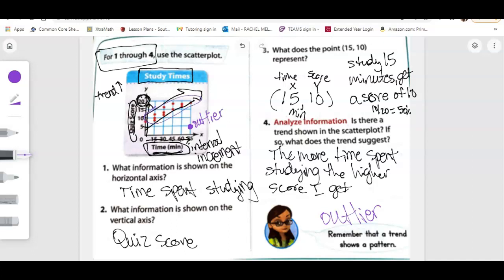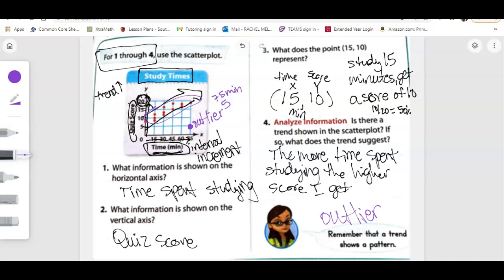And so in that case, I would be looking at this person going, okay, what's going on? This person studied for 75 minutes, but they only got a score of 5. So I would be saying as the teacher, oh my, what's going on with this person? I need to get with this person and see what is going on. Perhaps this person is really struggling with math and they need some more help with math.